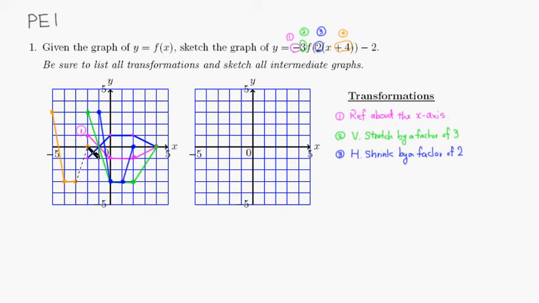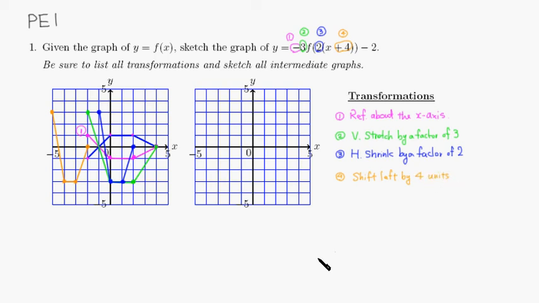The last one, transformation 4, is a shift left by 4 units.